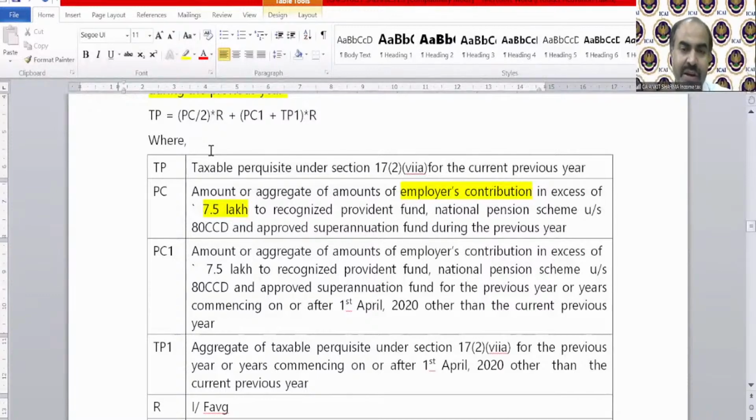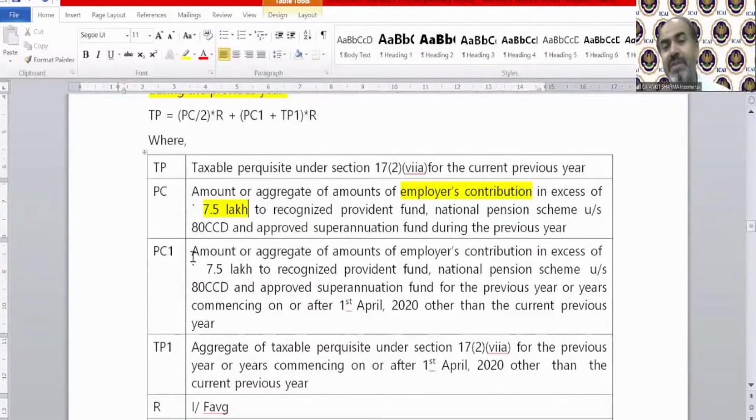So PC is technically the contribution in excess of 7,50,000 rupees. If the employer contributes 8 lakh, then 50,000 will be your PC. If the employer contributes 7 lakh, then PC will be 0.